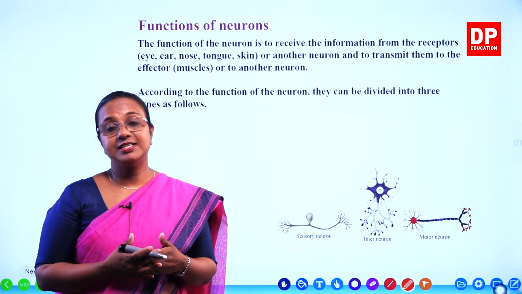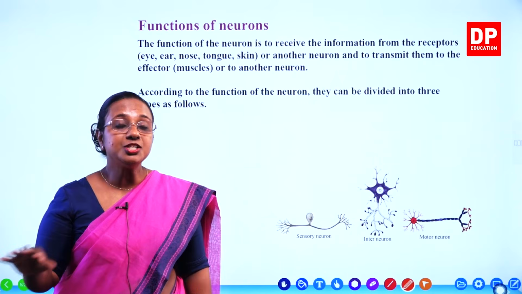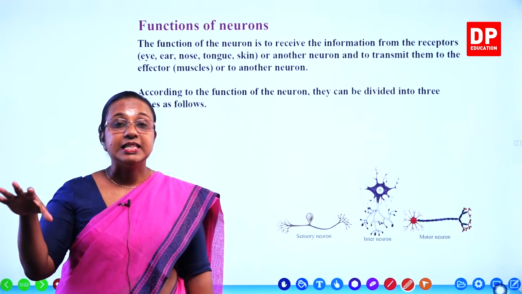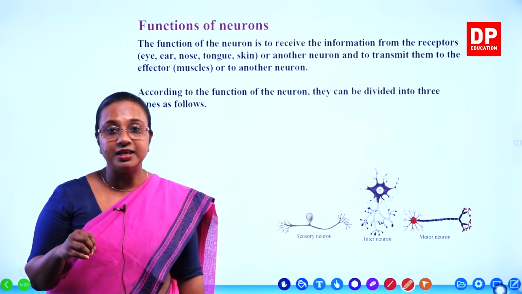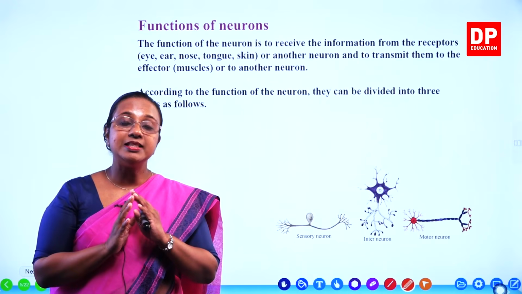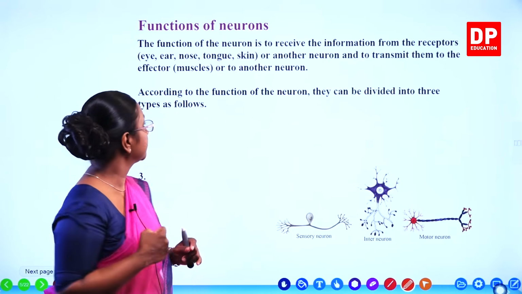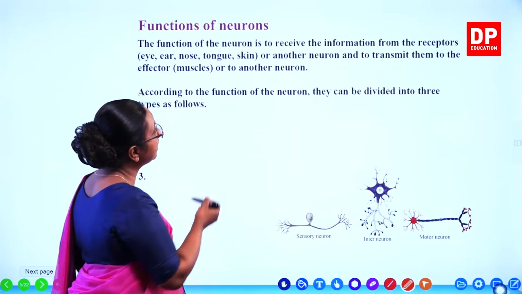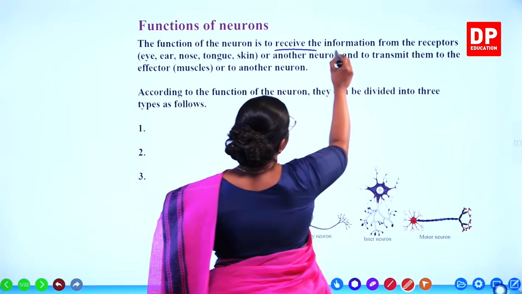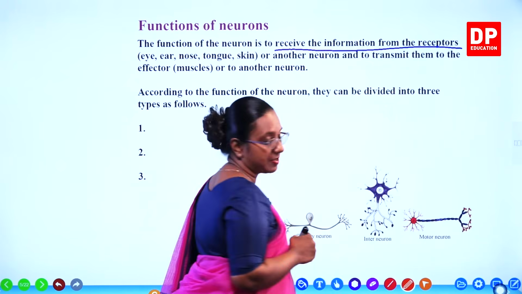We discussed an example. When we touch a hot object, the heat is the stimulus, and that is received by the skin because it has receptors. So here you can see receive information from the receptors.